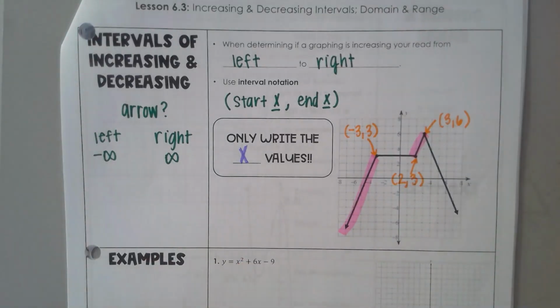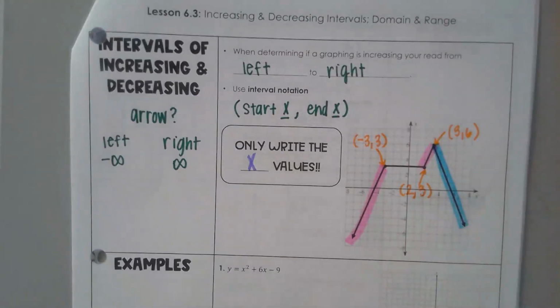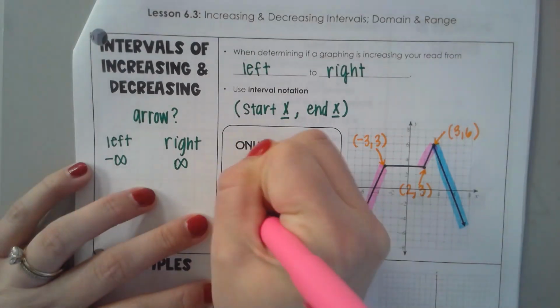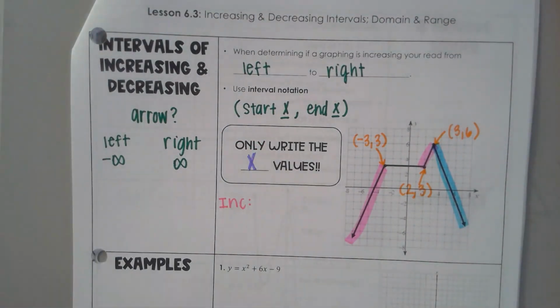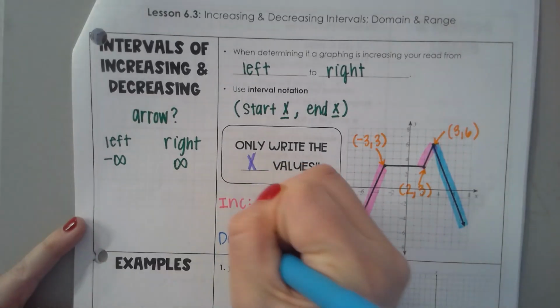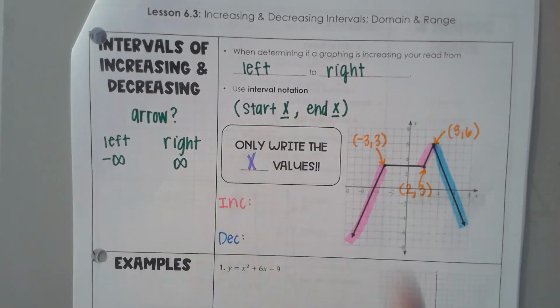Increase. And then after that, I decrease. Good. So I'm going to have 2 intervals of increasing and 1 interval of decreasing.